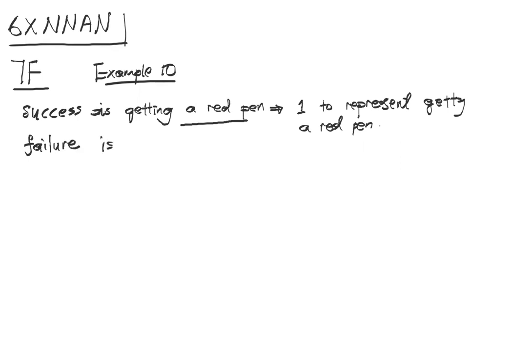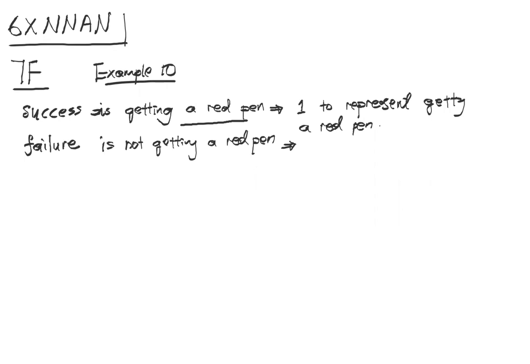If we say getting a blue pen, or we can also say not getting a red pen. Why I want to put it like that is because sometimes in the box you can have more than one color. This one just happens to have 2 colors only. So there are only 2 outcomes, either getting a red pen or not getting a red pen.